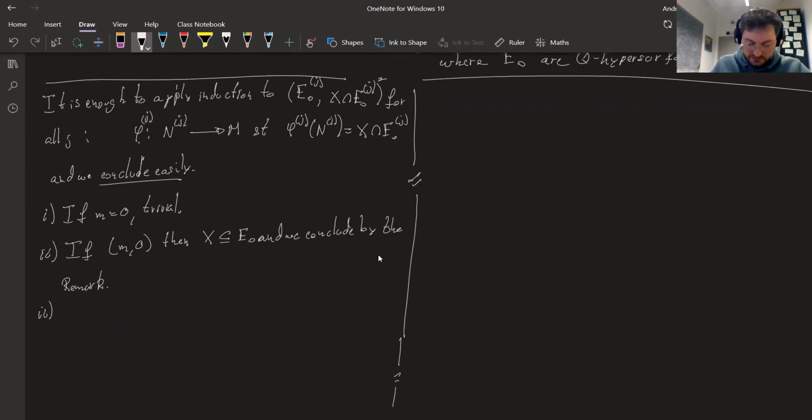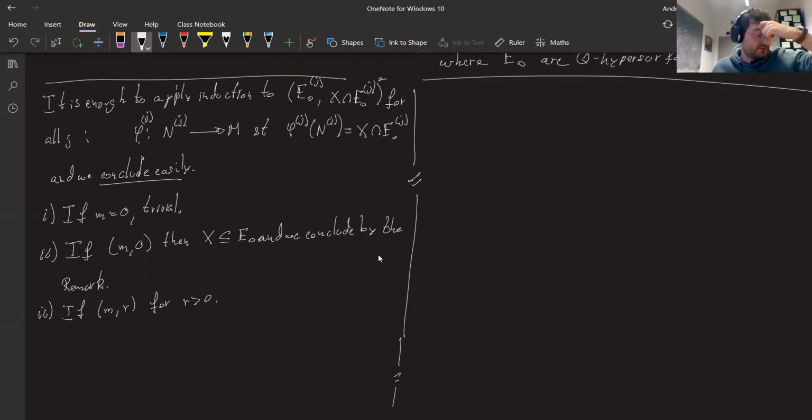So now we need to treat separately the cases. Sorry, we can just treat now the case MR directly since we started here. For R bigger than 0, right?